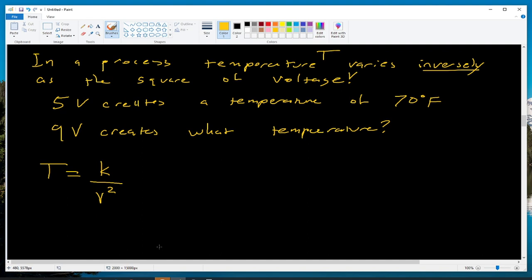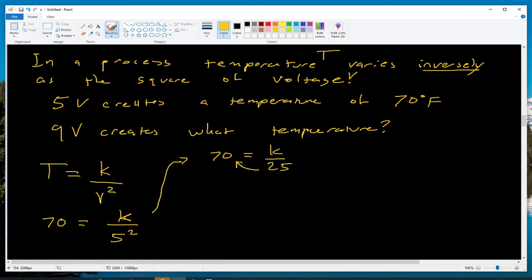Now, they tell us 5 volts creates a temperature of 70. So the temperature is 70 when the voltage is 5, and the voltage is squared. 5 squared is 25, so we get 70 equals K over 25.